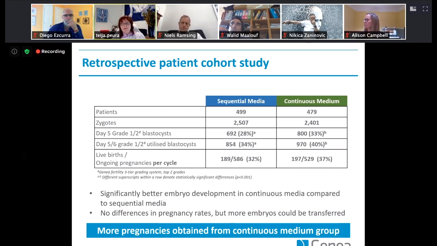But here now with almost 5,000 zygotes, up from the original 500 embryos, that difference had become statistically significant. Nonetheless, there were no differences in the pregnancy rate. But again, the cumulative impact meant that more pregnancies were obtained from that continuous media group.